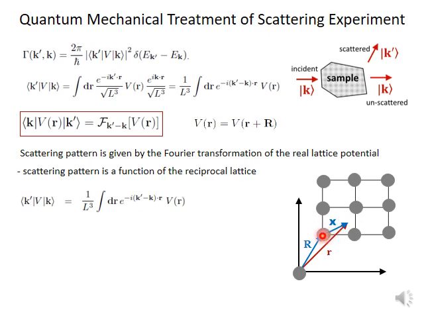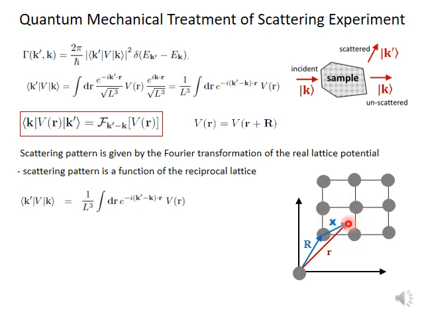So you can choose a certain unit cell and define a reference point in there. Whatever position you want to describe within a unit cell, you can describe with respect to this x coordinate instead of an r coordinate.